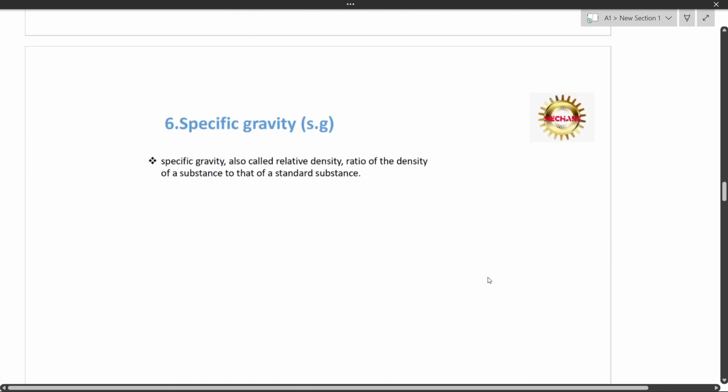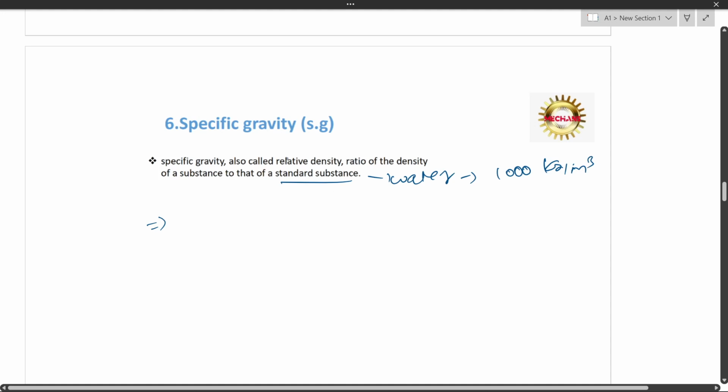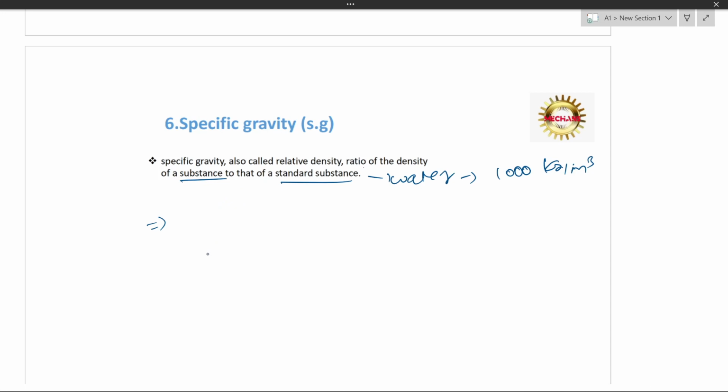And specific gravity is an important property that we mainly use for calculations. It's nothing but the ratio of the density of a substance to that of a standard substance. Standard substance means water. We know the density of water is 1000 kilogram per meter cube. If you want to take the specific gravity of mercury, it's the ratio of the density of the substance.